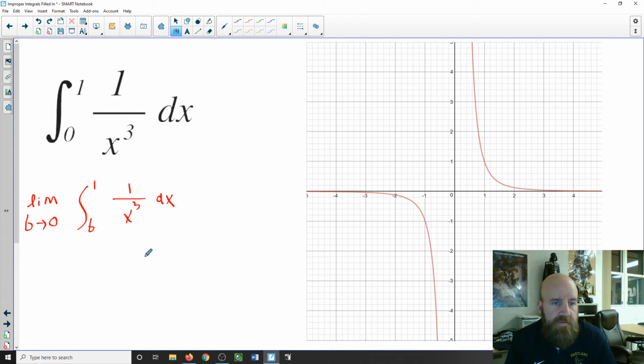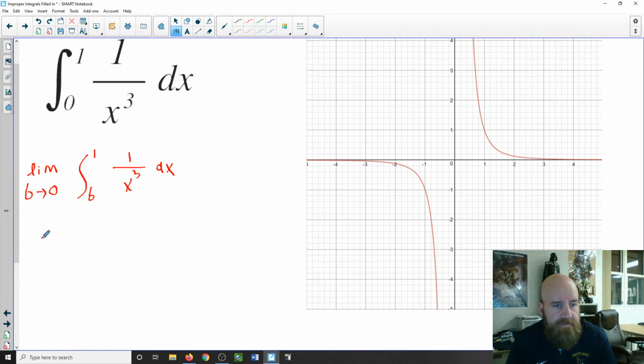Okay, so now we need to integrate. If we integrate this, we would end up with negative 1 over 2x squared, from b to 1.